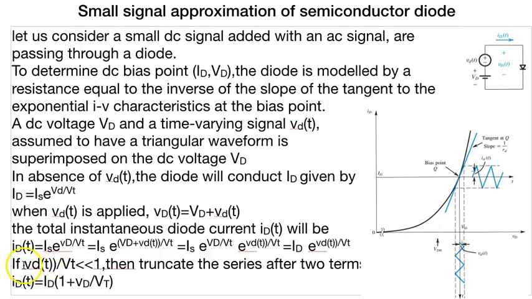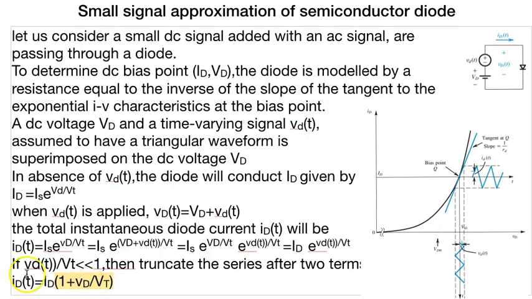This is the main approximation I would like to point out at this point. Remember that if v_d(t), that is the time varying voltage, over the threshold voltage V_T is much less than 1, then one must consider this small exponential approximation, that is 1 plus v_d over V_T times I_D.